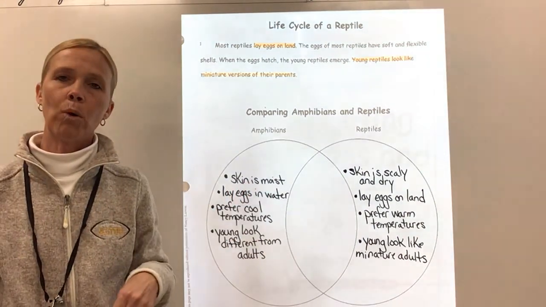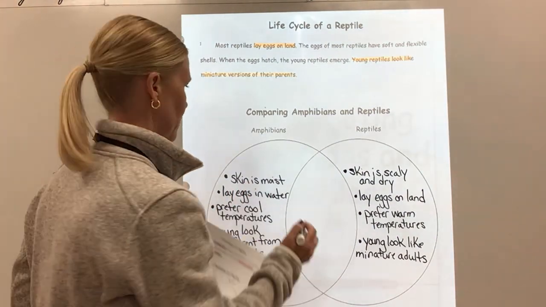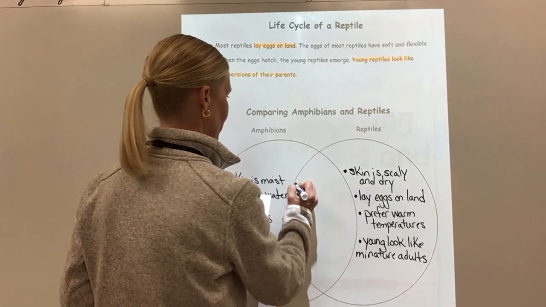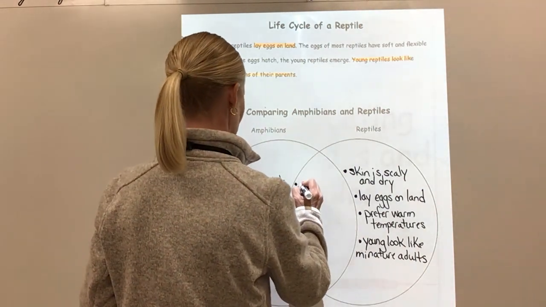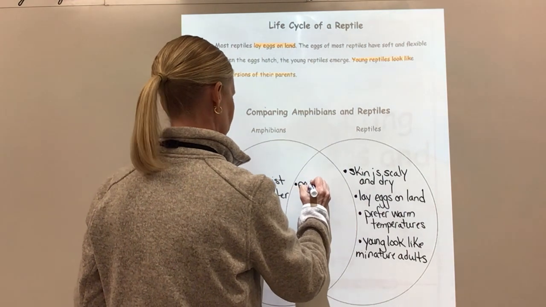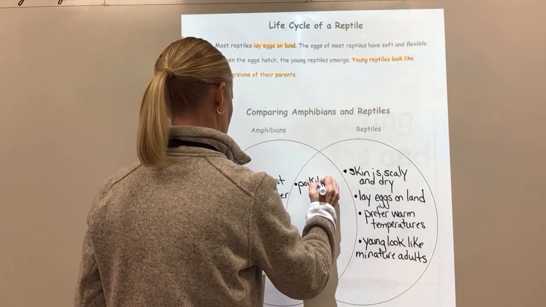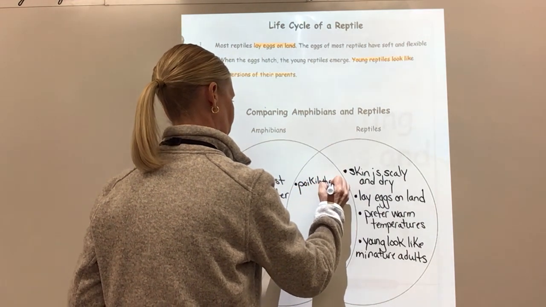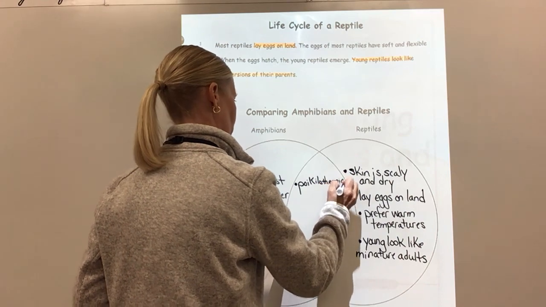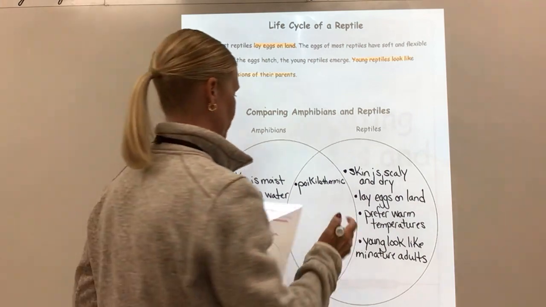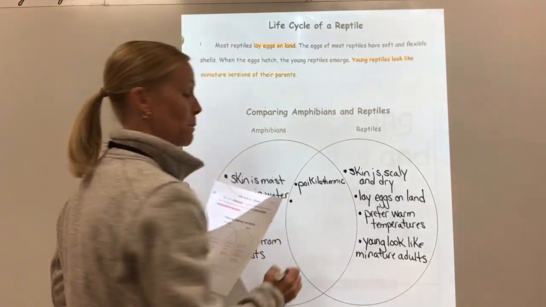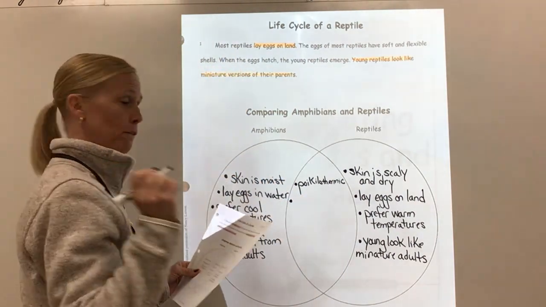Now, let's think about what do they have in common. Okay, one of the things that they have in common is their poikilothermic. And I have to look at the spelling on this one. And we know simply that means they're cold-blooded. We know that both amphibians and reptiles are vertebrates.